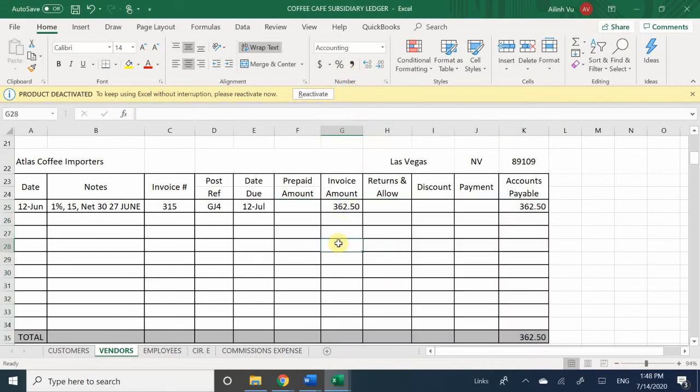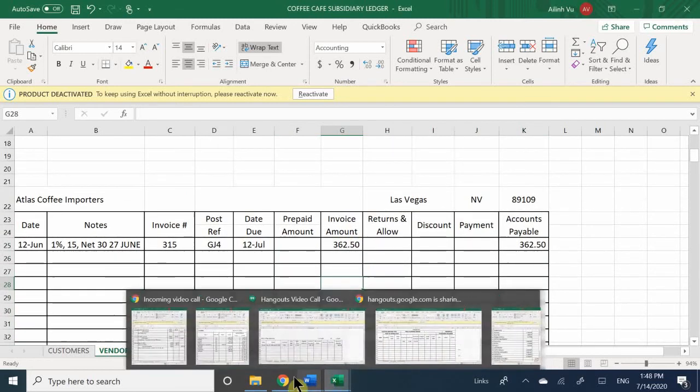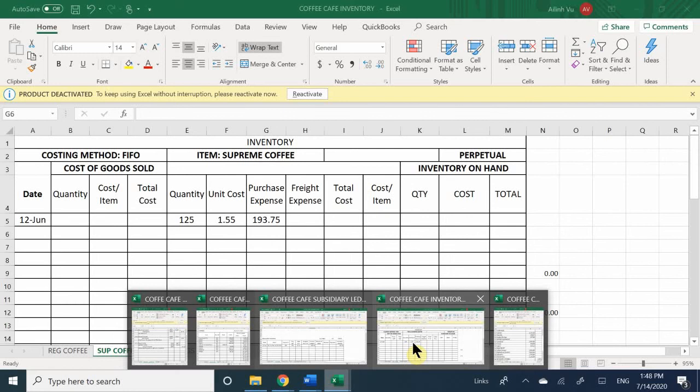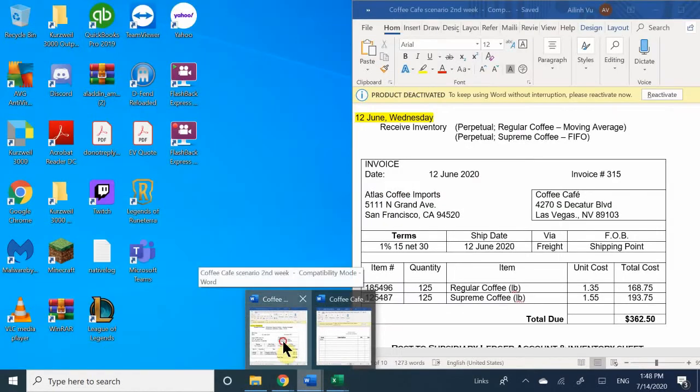All right, and we already updated our inventory worksheet, so from here we don't need to do anything else. Let's keep reading our scenario.